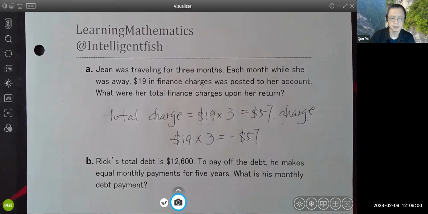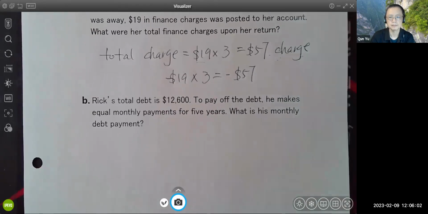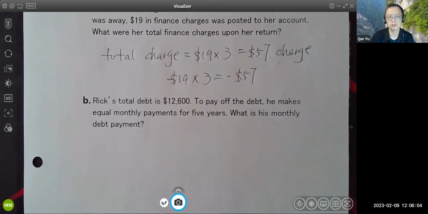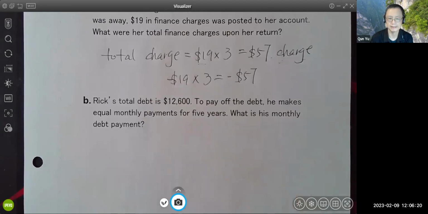Okay. B, Rick's total debt is $12,600. To pay off the debt, he makes equal monthly payments for 5 years. Remember, this is the monthly payment. 5 years means 60 months.